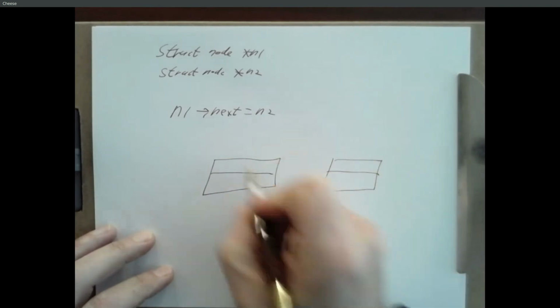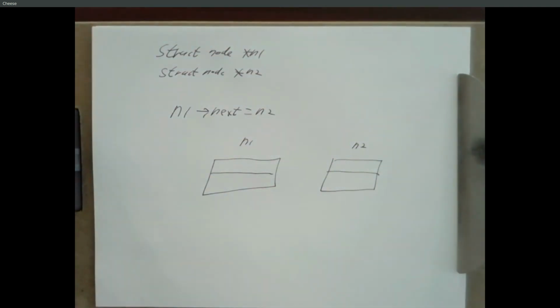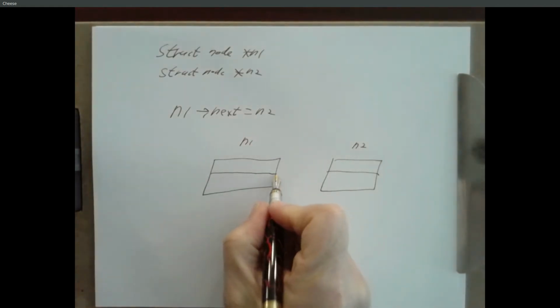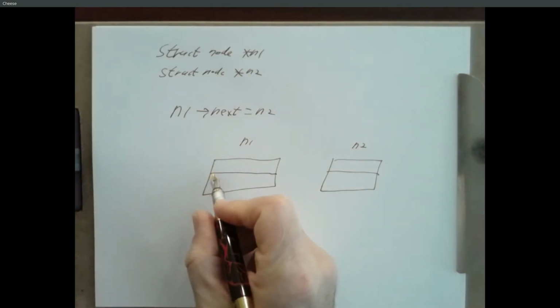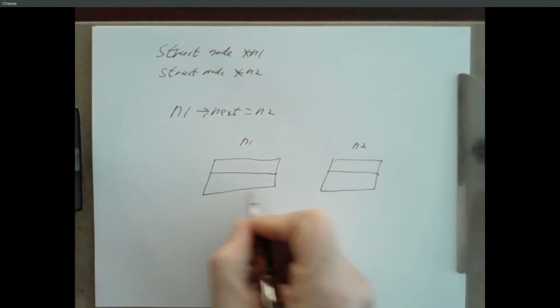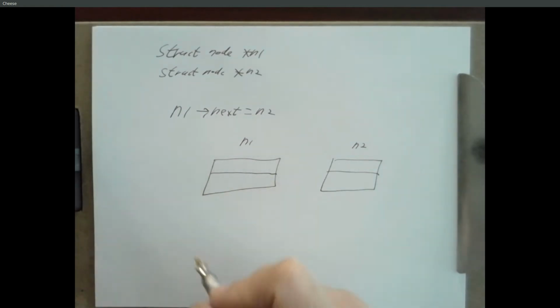Here's another struct node. I'm calling this n1 and n2, but remember, n1 is just a number. It's not actually a structure, it's a number. That number is a location in memory, and if we go to that location in memory, we will find a block of data that stores a number, and we'll find following that a block of data that stores another address. So the data field and the next field.